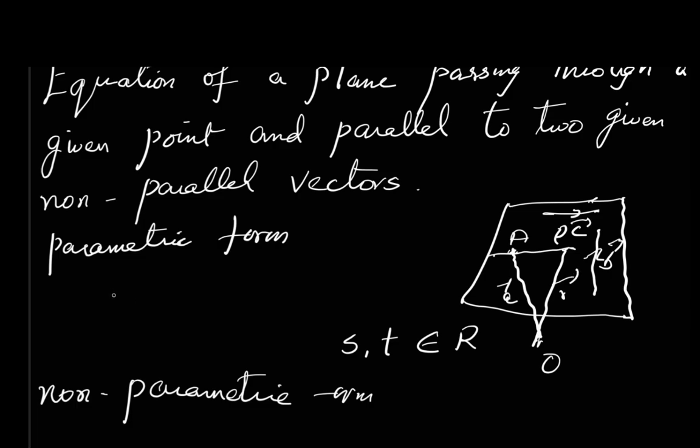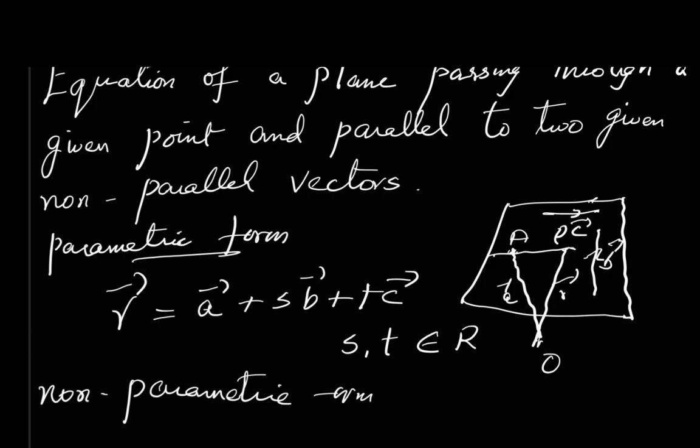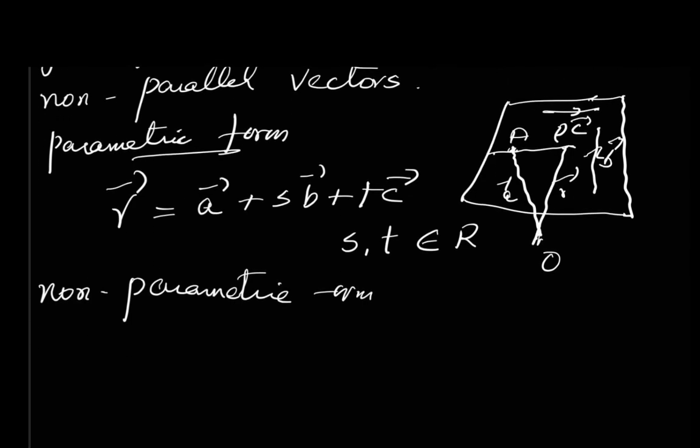In that case, the parametric form of the equation of the plane is vector r equals vector a plus s times vector b plus t times vector c, where s and t are scalars belonging to R. Coming to the non-parametric form, we represent the equation either in the cross product form or the dot product form.